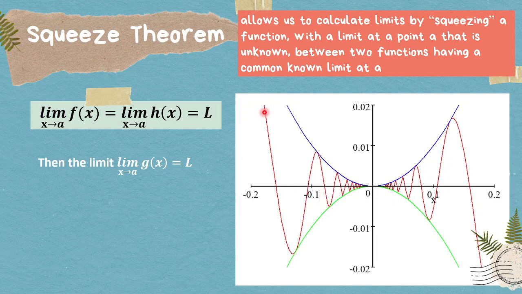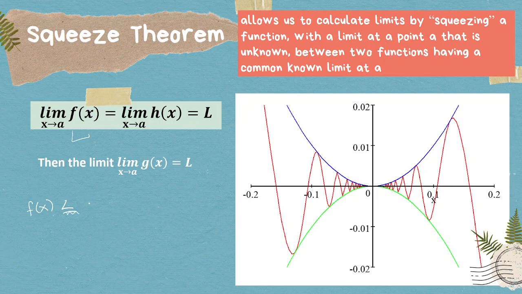So meaning to say, if we have a function that is bounded inside the graph, as x approaches some value a, let's say that a is 0, the limit of this blue, red, and green function is equal to 0 as long as it follows the inequality such that f of x, let's say the green, is less than or equal to the middle function, which is the red one.